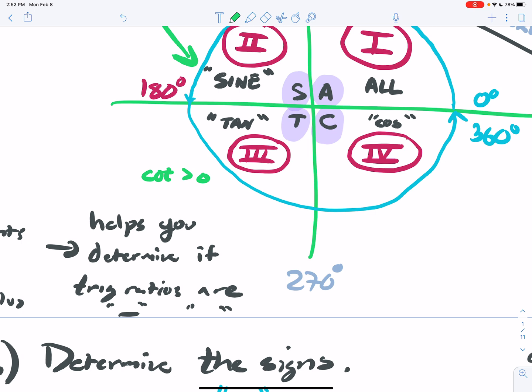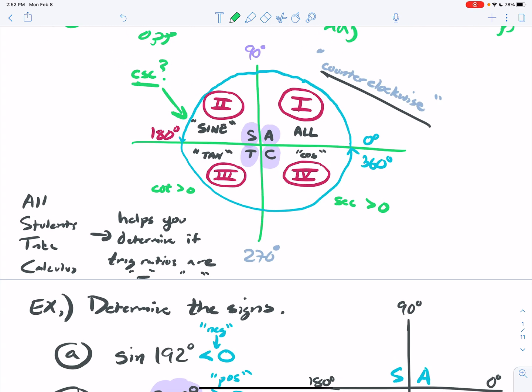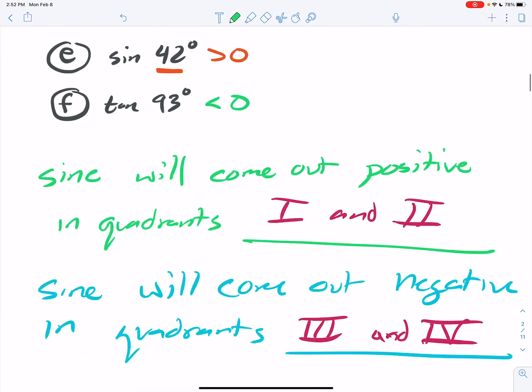And in the fourth quadrant, if cosine is positive, then you know its reciprocal secant will also be positive. So make sure that you guys consider all 6 trig functions. Okay? So here's how we do it.